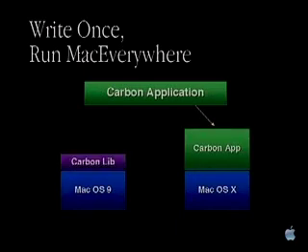On macOS 9, we have this thing called the CarbonLib, the Carbon library. So this is, for most APIs, a very thin veneer, a thin shim on top of the macOS 9 API, so it calls right through. But for some things that we've added into Carbon that weren't part of the OS before, they're added directly into the Carbon library. And your Carbon app sits on top of it like that.